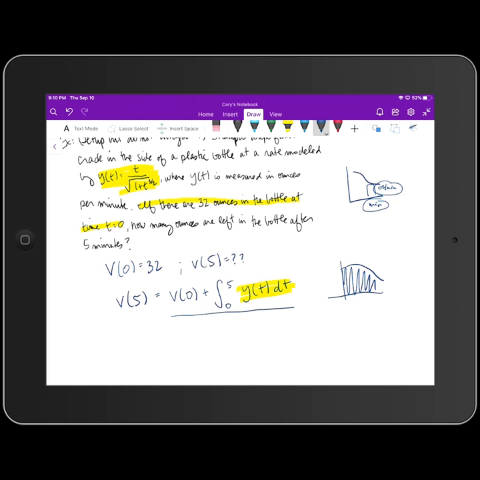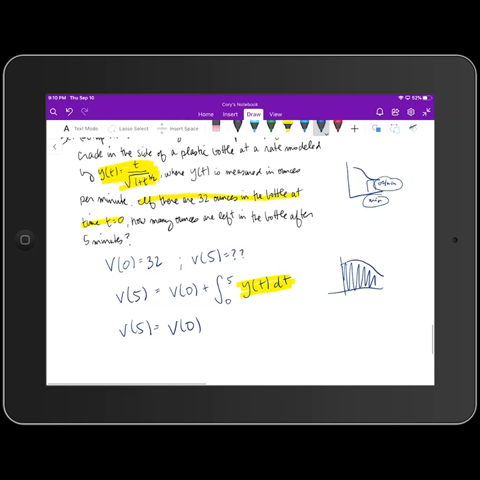So there are two ways that we can do that. We can either calculate V of 5 to be equal to V of 0, and then if I want that rate to be negative, I can take the opposite of y of t, which I'm integrating with respect to t.